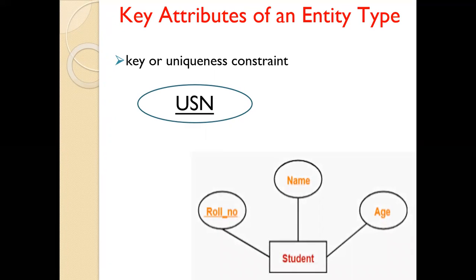So now here for student we have given roll number as the key attribute. Name and age are not, because name and age may be repeated. Two students may have the same name and the same age, but more than one student cannot have the same roll number, which is a unique key.